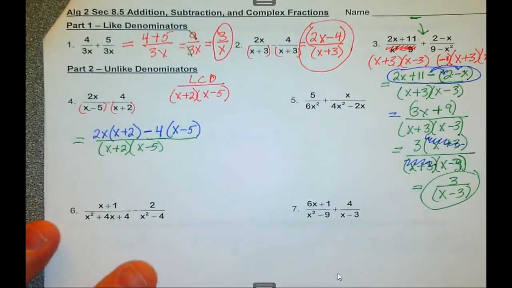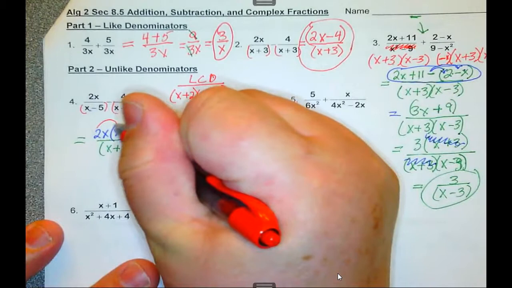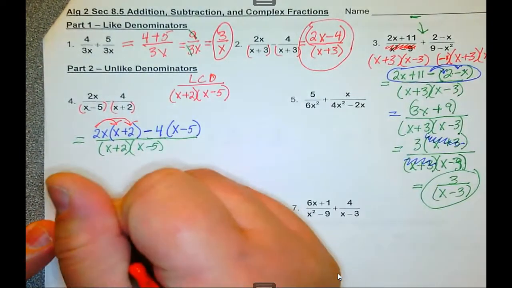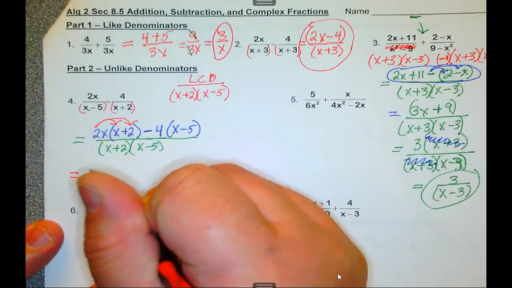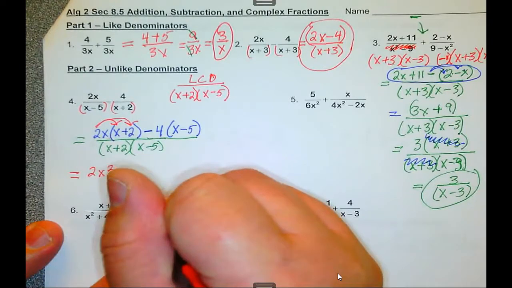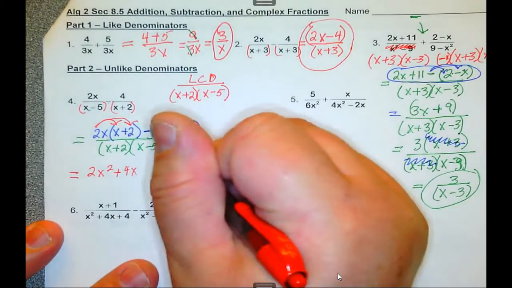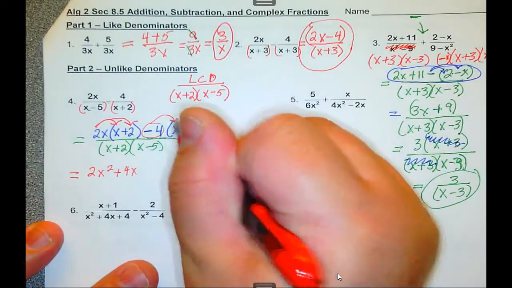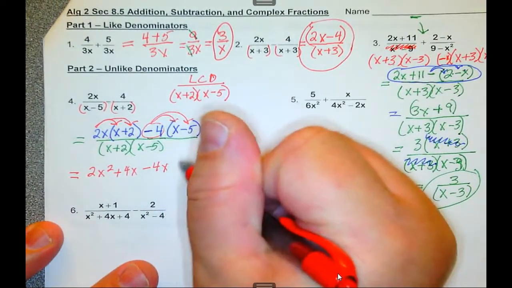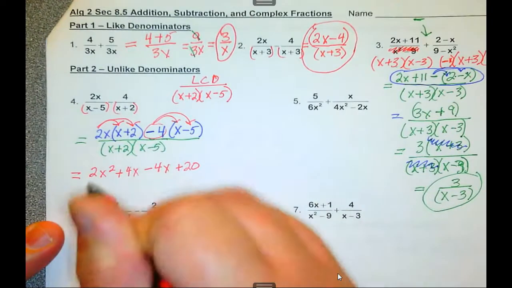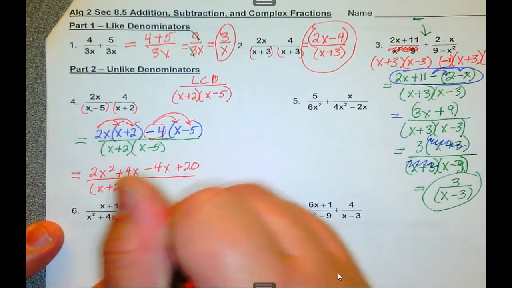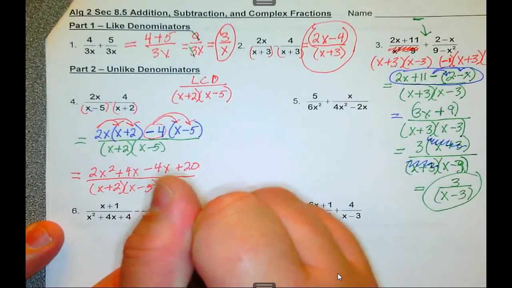Okay, let's distribute. I get 2x squared plus 4x. I have to distribute the minus 4 to x. I get minus 4x plus 20 all over x plus 2 and x minus 5.